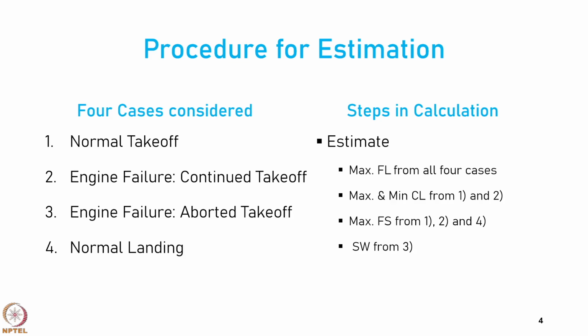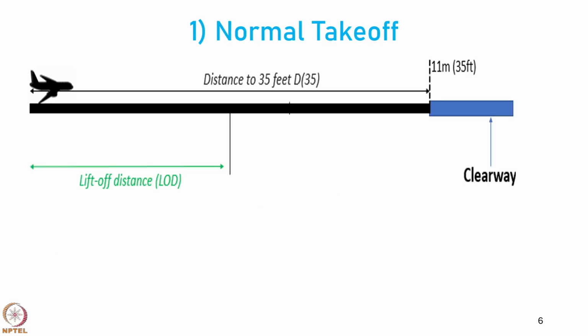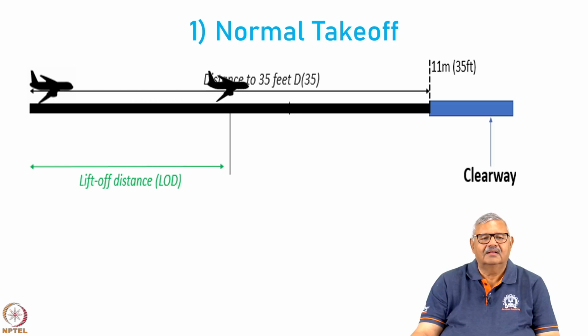Now, let us take an example, but before that let us understand what is exactly meant by normal takeoff. In normal takeoff, the aircraft starts at the beginning of the runway and it achieves liftoff at a distance called the LOD. So, the aircraft has started from rest and has achieved liftoff at the distance LOD.